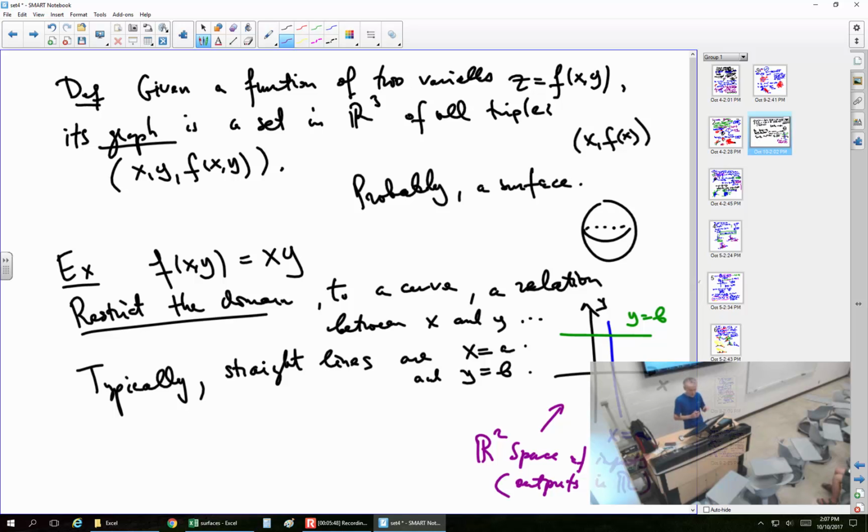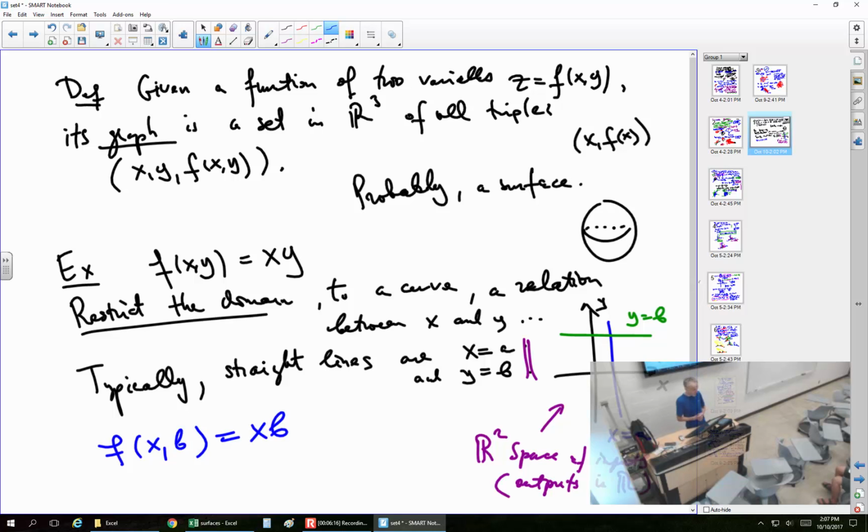Okay. So we are restricting our domain by a line, which eliminates one of the variables in a very specific way here. So in the first case we have f of a, y. Now let's take the second one, f of x, b, equal to xb.